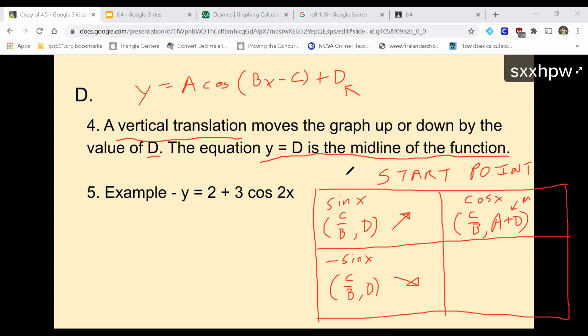That should be your maximum point. For negative cosine graphs, we will start, again, c over b for our x value, but we'll start at negative a plus d for our y value because negative cosine graphs start at the minimum.